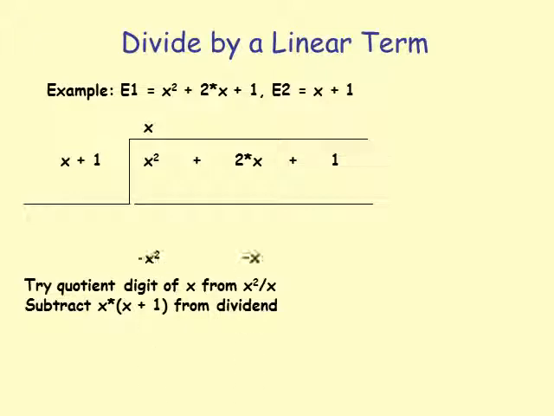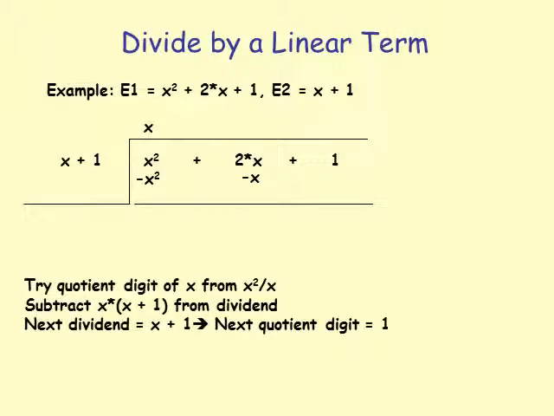So we subtract x squared, since x times x is x squared, and x times 1 is x, so we subtract x. x squared minus x squared is 0, so there is a 0 for the x squared term, and the x term is 2x minus x, which is 1x.